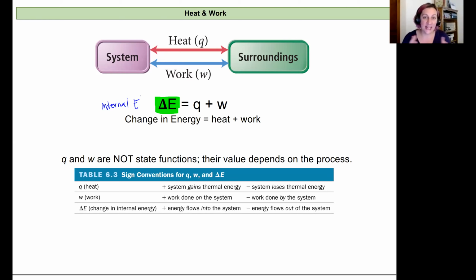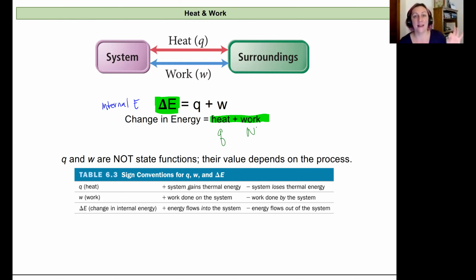So that change in internal energy, that's our state function, is going to be equal to our heat plus work. So the total energy that flows between the system and the surroundings will be heat and work together. And so heat is represented as Q and work is represented as W. And these Q and W are not state functions.